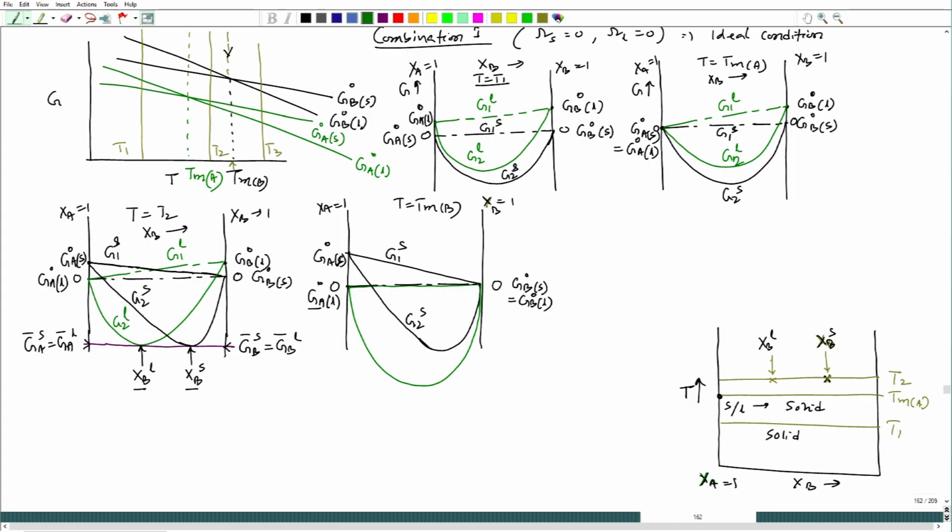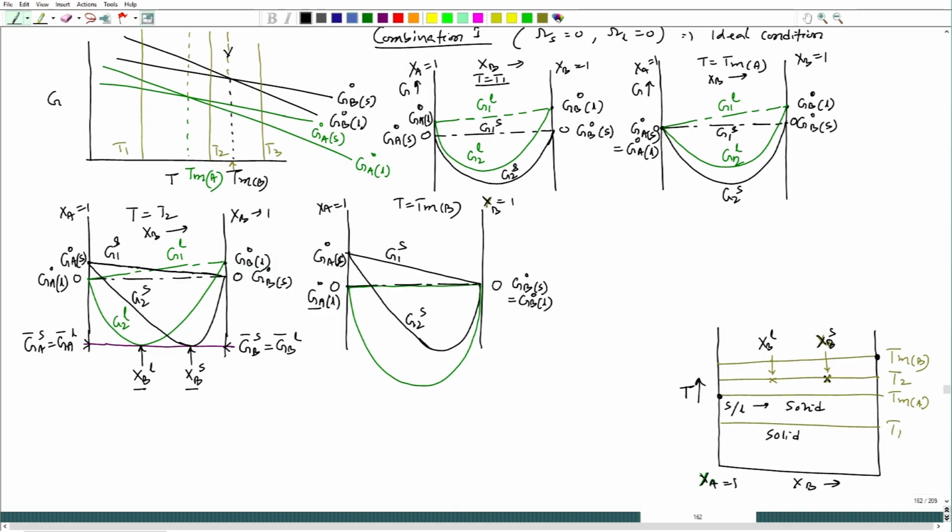So, you will see that at T equal to TMB, at this point we have solid pure B and liquid pure B having the same free energy.